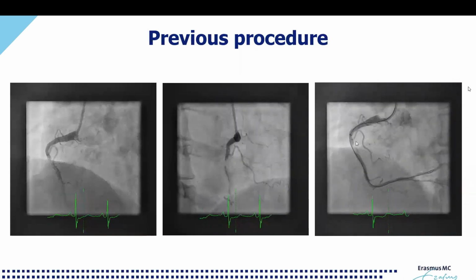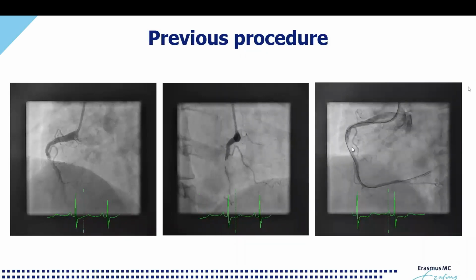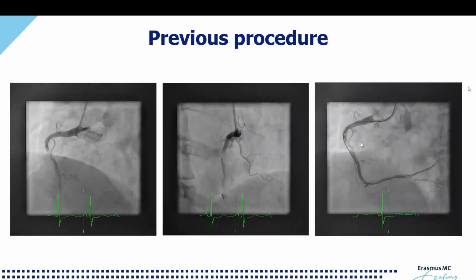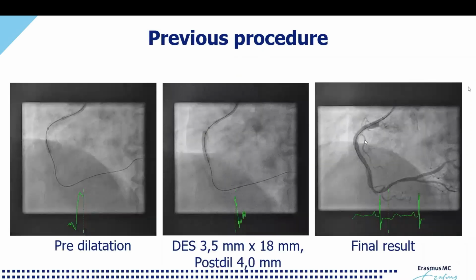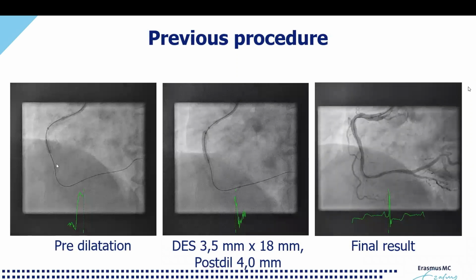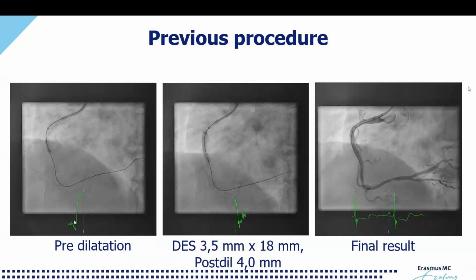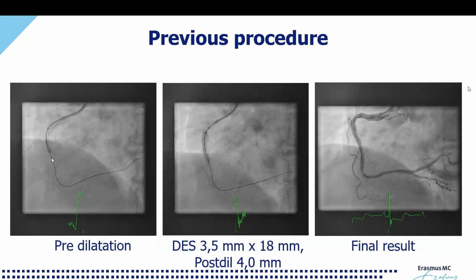And here it's even more clear that you can see that it's very likely that we see some calcium already on the angiogram. So what happened is there was a pre-dilatation done, and this was the balloon of the pre-dilatation. In the letter itself, there was no size, but you can see it's quite small.